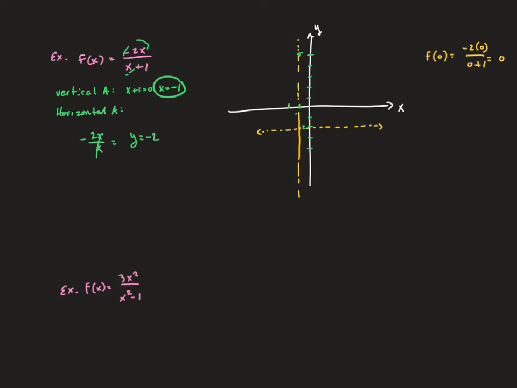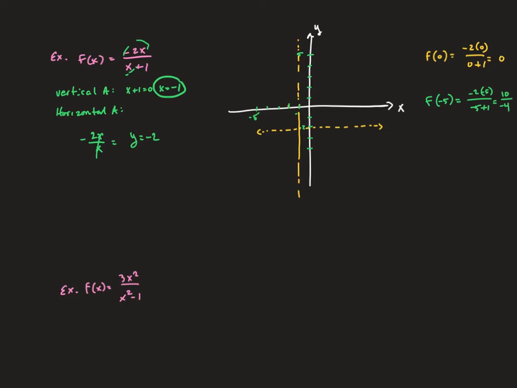And then when I pick some point over here, and we'll just say -5, because I know that that is way away from my asymptote. So f of -5 is going to be equal to -2 times -5 over -5 plus 1, which is going to give me 10 over -4, right? So that is going to be -2.5, okay? So I know that that point is going to fall in this area right here.